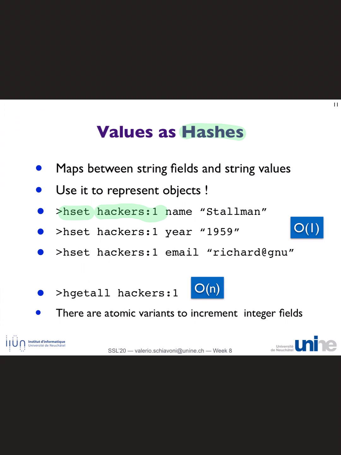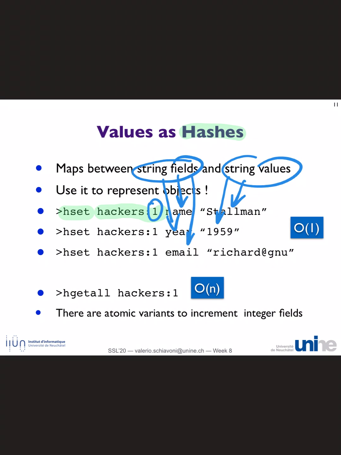This is the first entry, and then we start adding fields. So we have a string field for the key and a string value for the value, and you do this for all these entries. So here you can model name, email, whatever else you want to do.